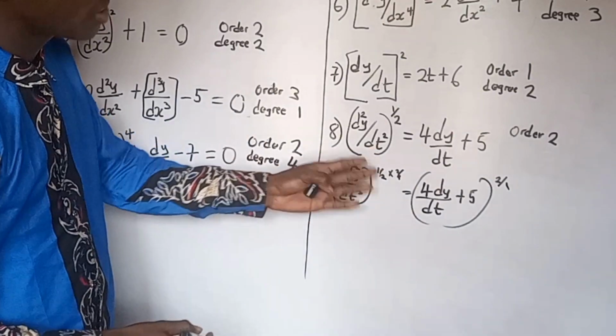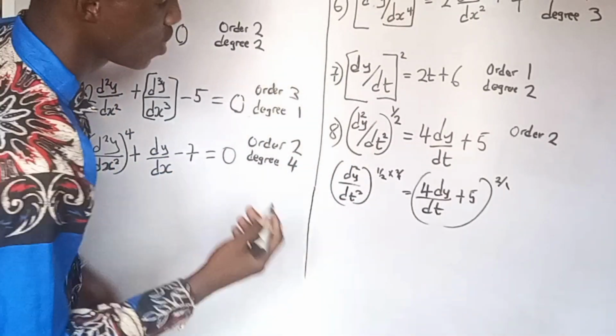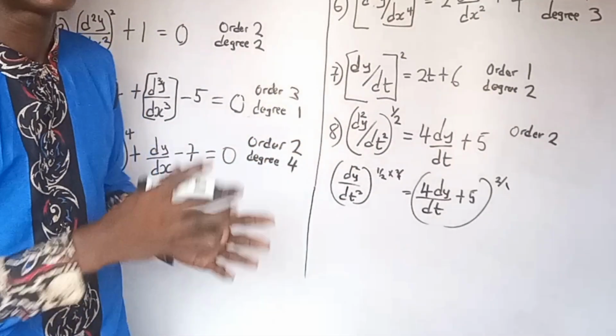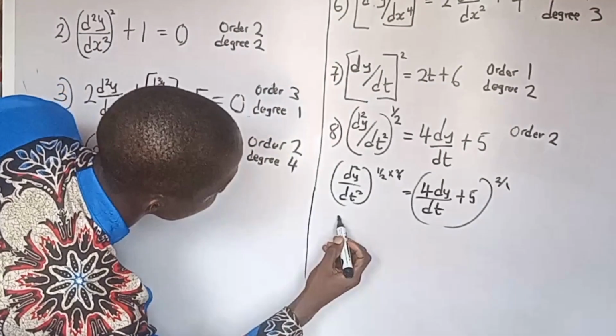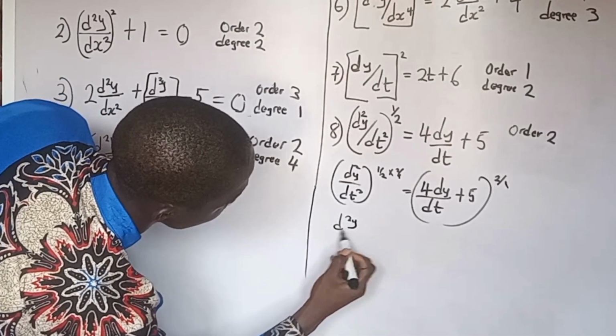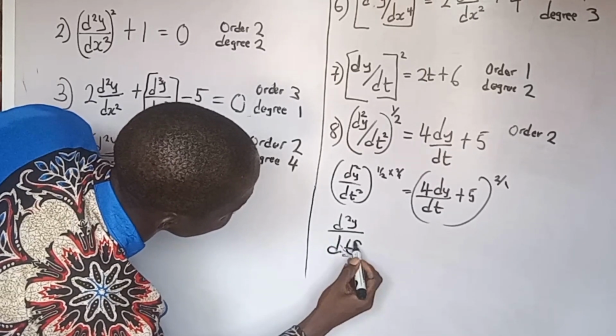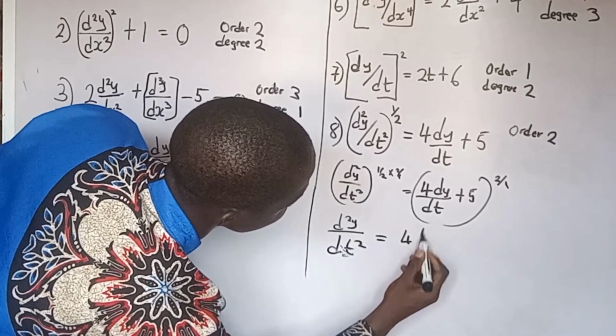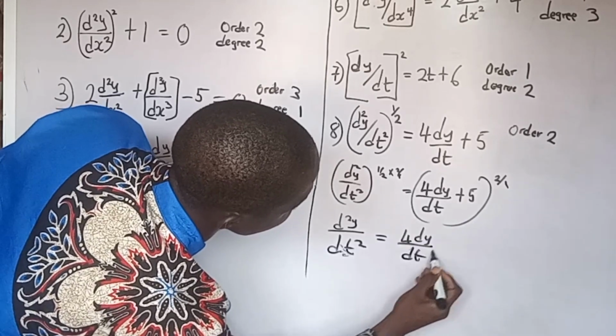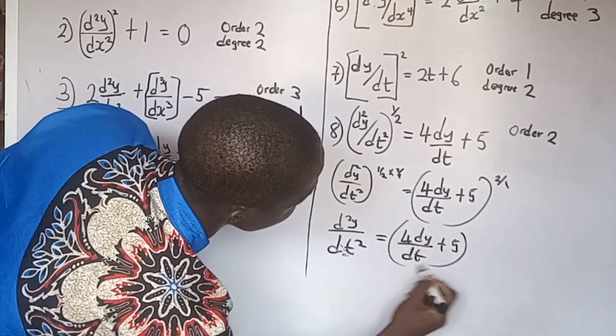Now, 1 over 2 multiplied by 2 over 1 is 1. So I'm going to have d squared y over dt squared equals 4 dy over dt plus 5, all raised to the power of 2.